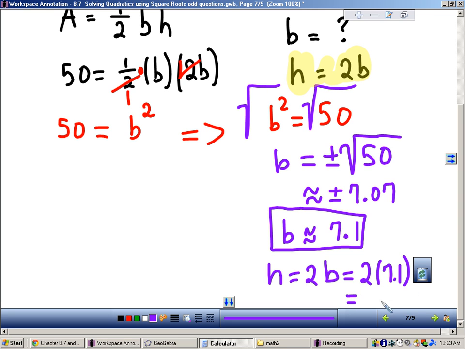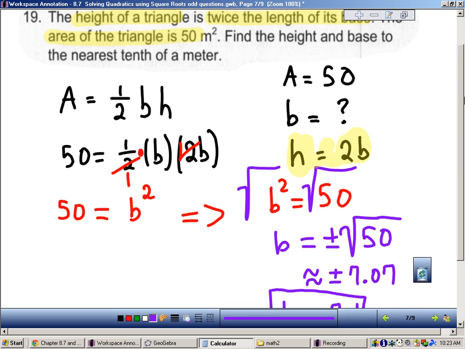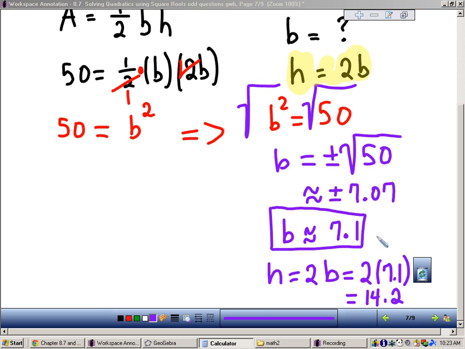And so that's going to be 14.2. And I don't want to forget, but I think we're measuring in feet. Let's double check. No, meters. So we should label our units. And that is our answer.